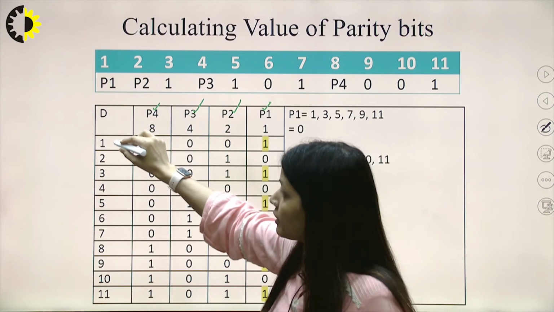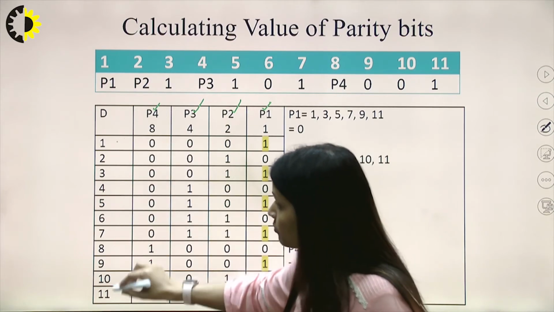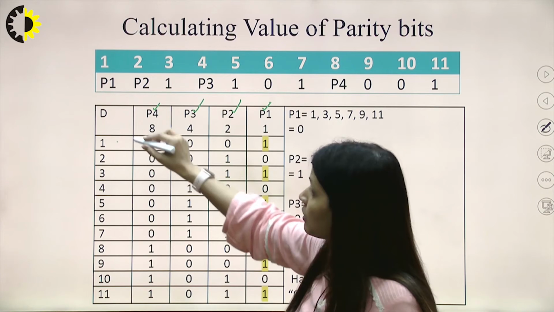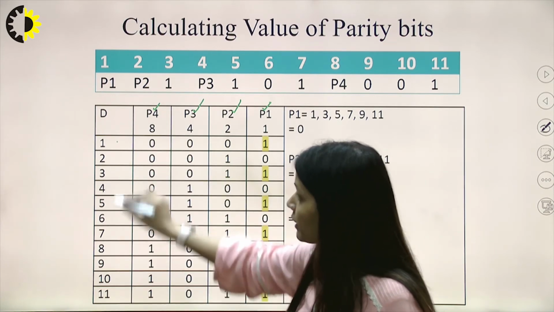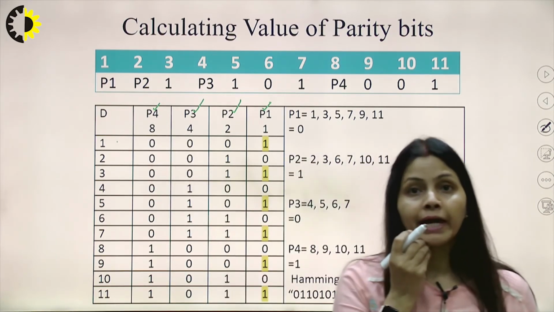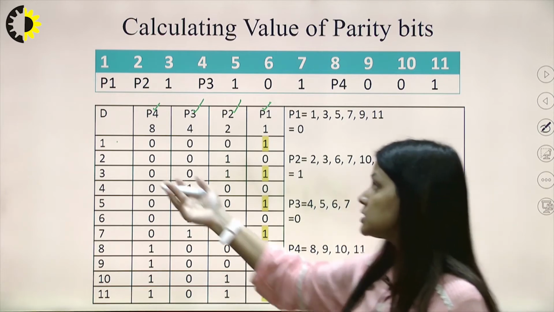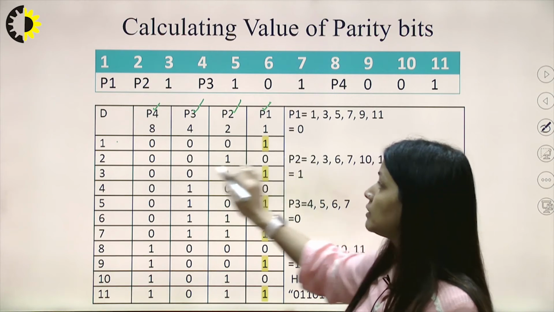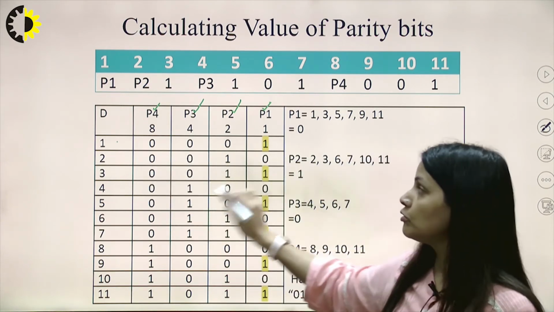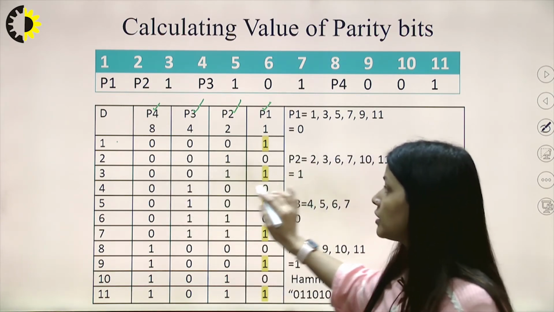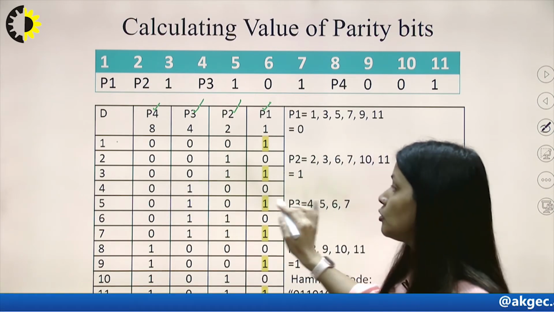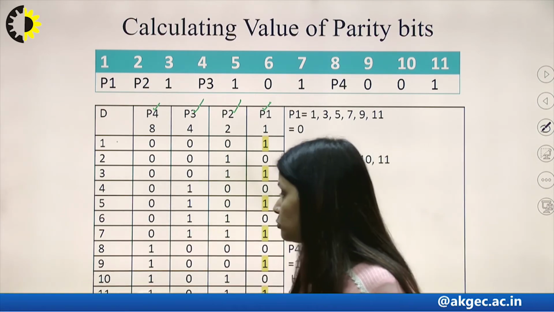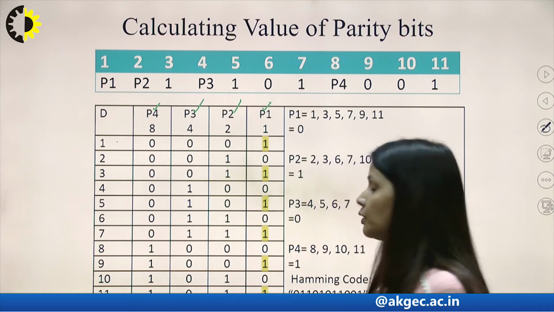Now I will write all the numbers from 1 to 11: 1, 2, 3, 4. Now I will write the corresponding binary values for these numbers. So for 1 I will have 0, 0, 0, 1. For 2, 0, 0, 1, 0. For 3, 0, 0, 1, 1. For 4, 0, 1, 0, 0. Like this I will write up to 11, that is 1, 0, 1, 1.